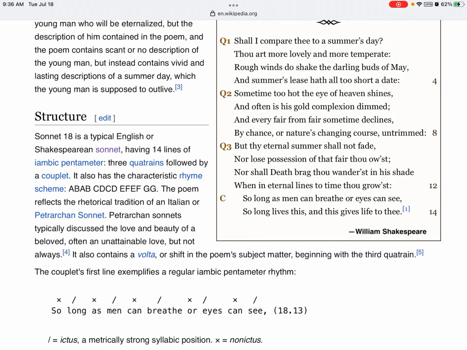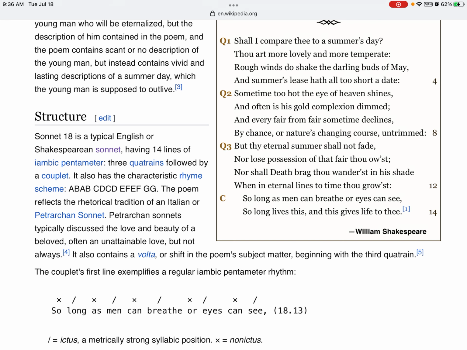And first we'll just say, in the first 8 lines, the poet, Shakespeare, is comparing this beloved person to a beautiful day in summer, and saying how actually, though, even though summer days are great, they come and go very fast.